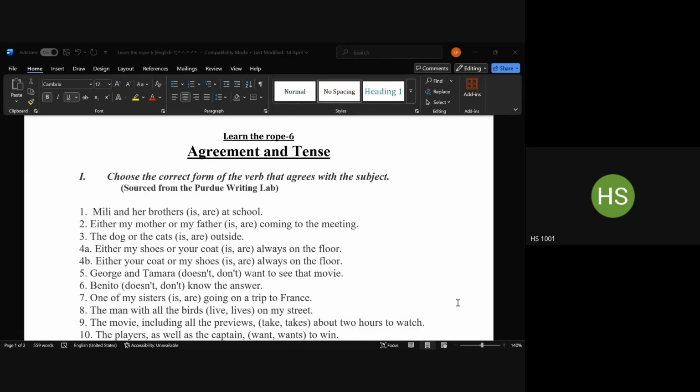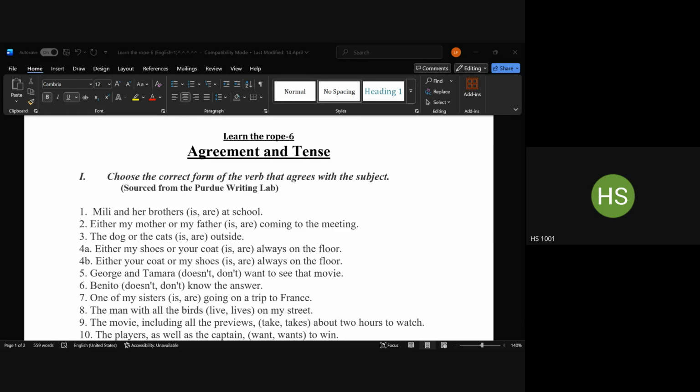Subjects could be of different types in English. It is not always ordinarily she and he and they or the name of a person. There could be more complex subjects, right? The nature of the subject can be a bit more complex in the English language, and that can cause some confusion with respect to identifying the right form of the verb to make it agree with the subject.